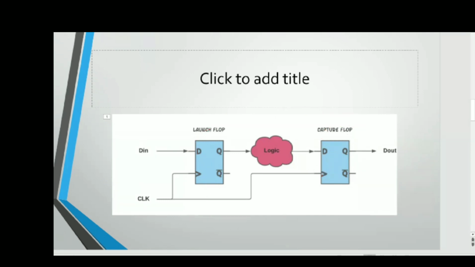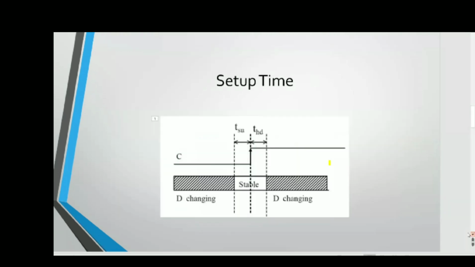It should be in a stable state before the arrival of the clock. It should remain stable for that particular duration before the arrival of the clock. So that what will happen? The capture flop will be able to catch the data properly. Otherwise, the capture flop will not catch the correct data. It may take some other data which is not the exact one which is required to be captured.